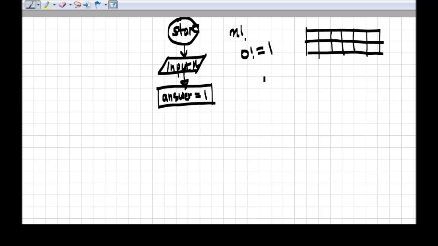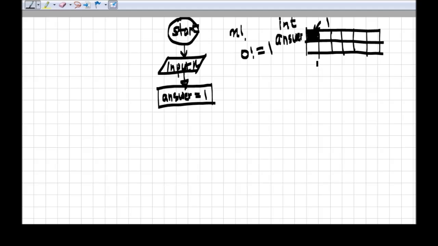So when I say answer is 1, answer is type int, and the name is answer. Then the computer assigns a box for it. Let's say it assigned my box here, and what's inside of it is the value 1.